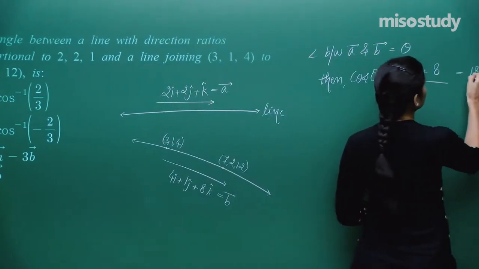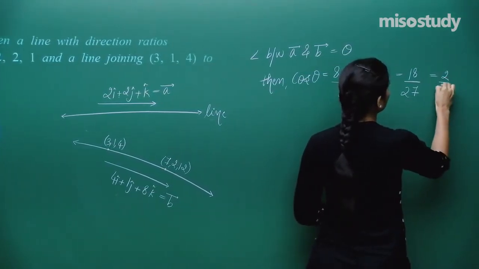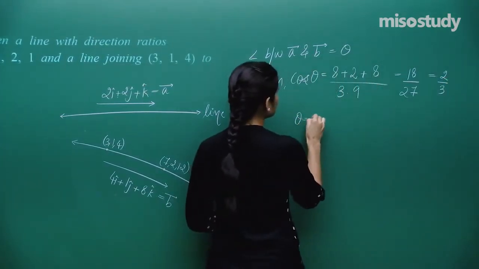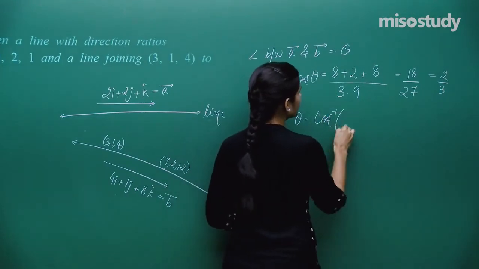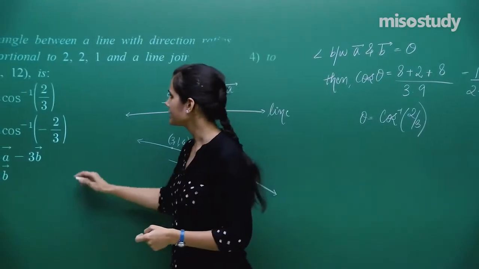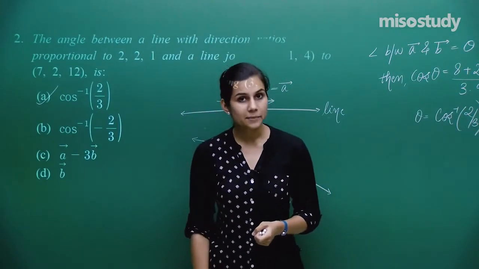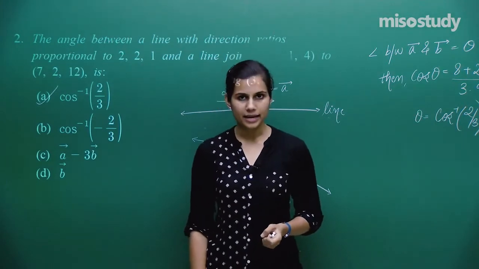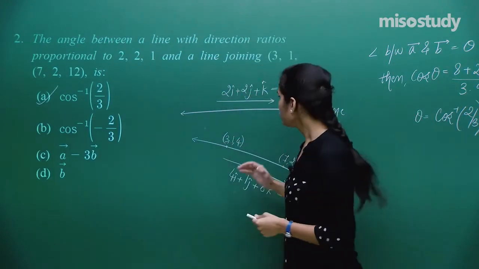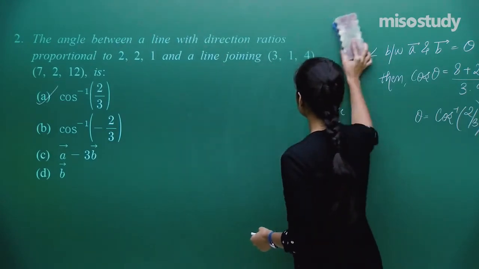You get 18 by 27, which is 2 by 3. So theta comes out to be cos inverse 2 by 3, and that you can see is kept over here. The angle between 2 lines is the same as the angle between the vectors to which they are parallel. If you are aware of this concept, you will very easily decode the angle between the given 2 lines.